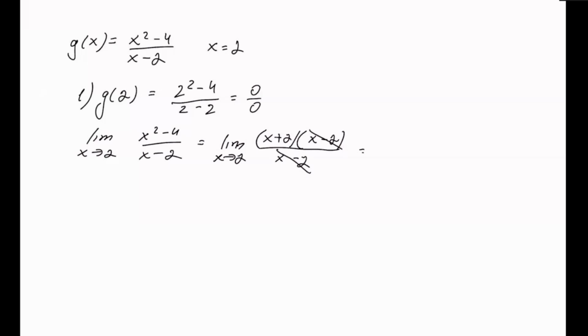We cancel this x minus 2 and we get the limit as x goes to 2 of x plus 2, which is equal to 4. The limit exists, but since g of 2 is undefined, the function has what we call a removable discontinuity at x equals 2. We could fix this by defining a new function that equals g of x everywhere except at x equals 2, where we define it to be 4.